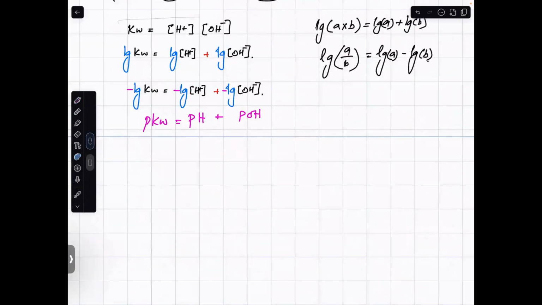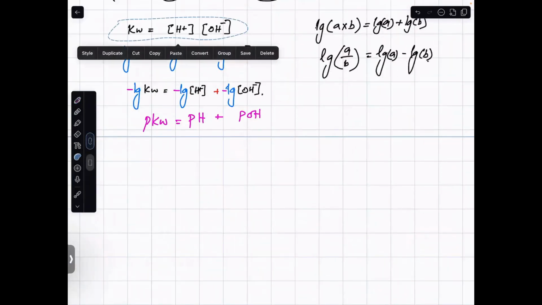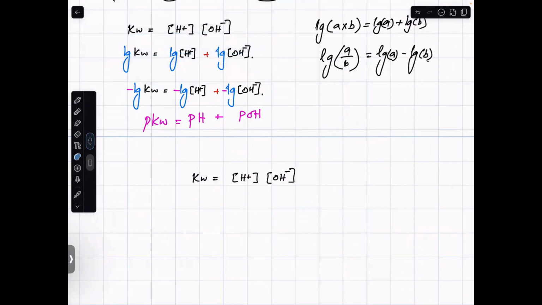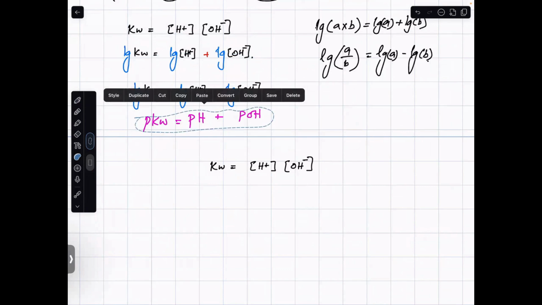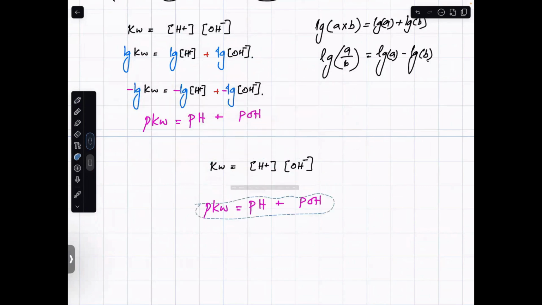Actually, Kw is the product and pKw is the sum of pH and pOH. So it is 10 power minus 7, 10 power minus 7. It's 10 power minus 14.